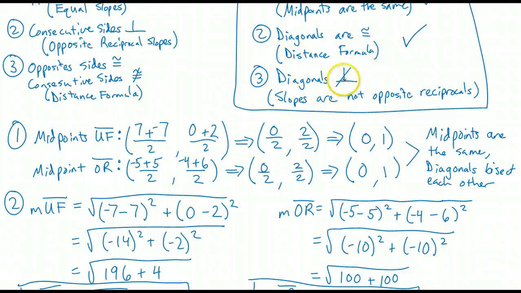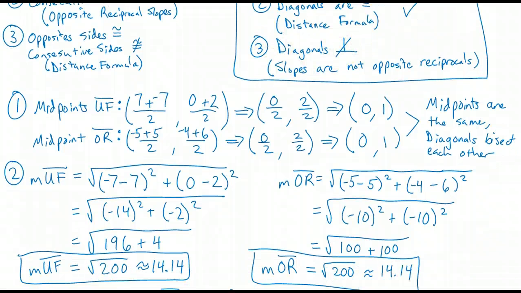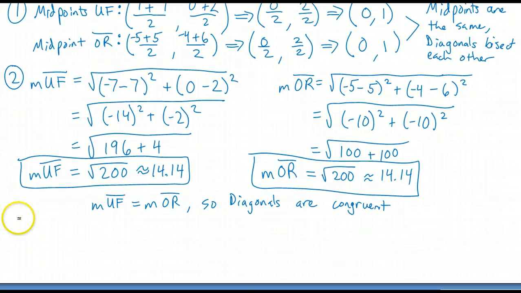I need to prove that my diagonals are not perpendicular. To prove that my diagonals are not perpendicular, I'm going to find the slope of each diagonal. To find the slope of each diagonal, I'm going to subtract my y's and divide that by subtracting my x's.